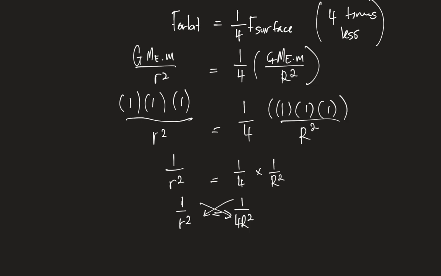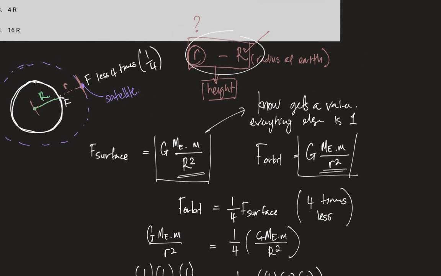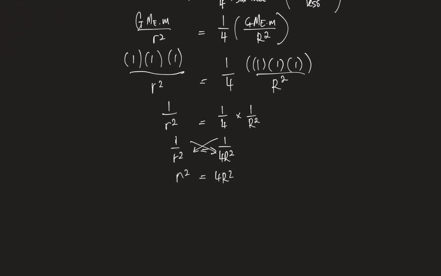And I've got r squared is equal to 4r squared. Now remember, I'm looking to satisfy this equation. So I need r by itself, little r. So what I can do is to both sides, I can square root, and r is equal to 2r.